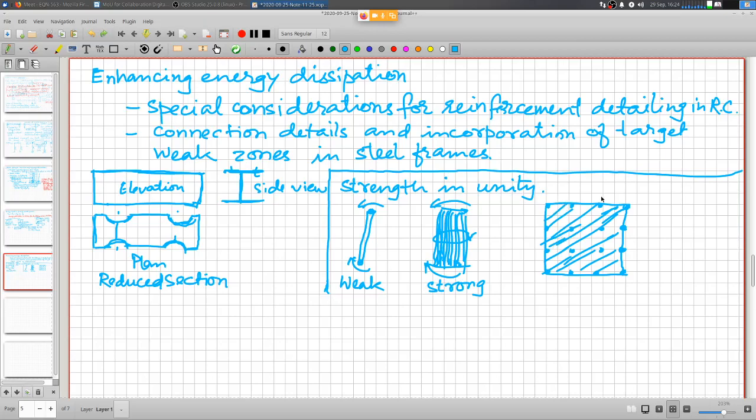That each column under the influence of lateral deformation or force is forced to move by the same amount, then all of them are participating in the resistance mechanism together. So it offers much stronger resistance, and this is done by what we call diaphragm action.